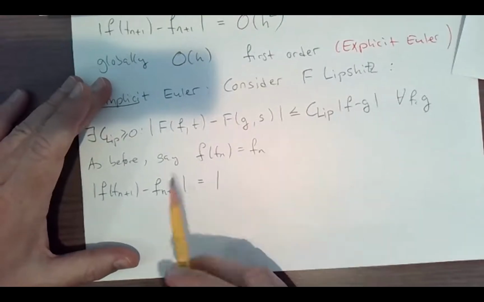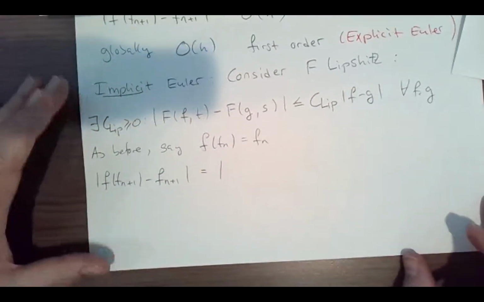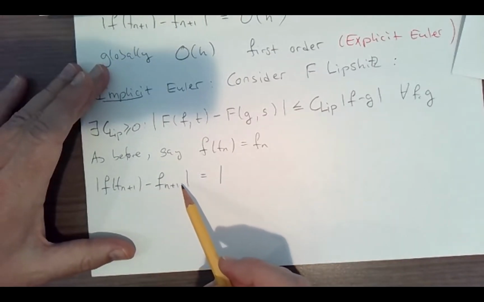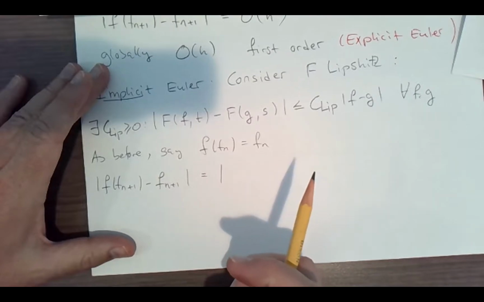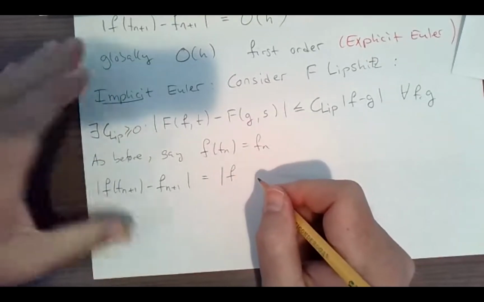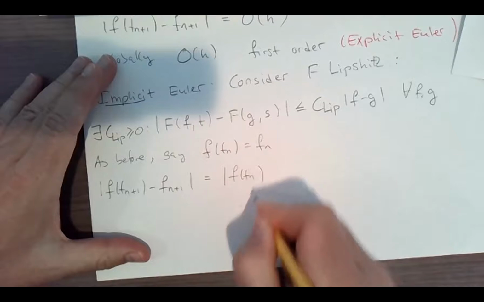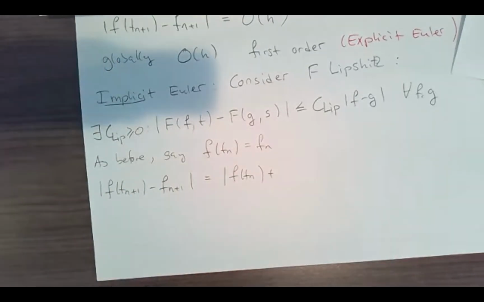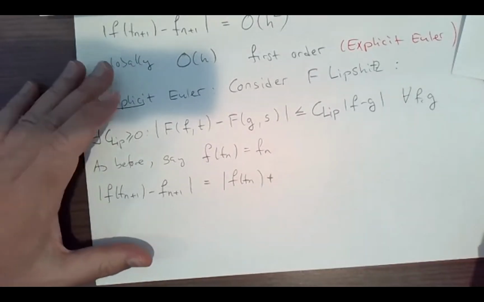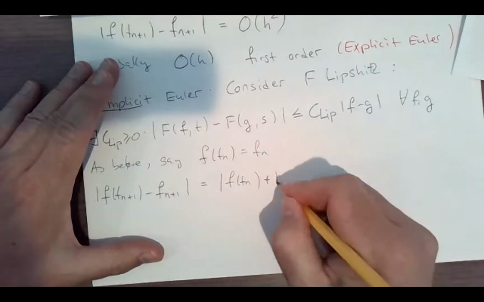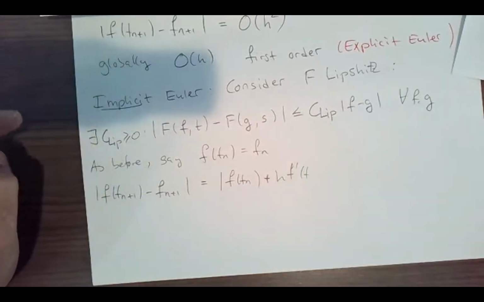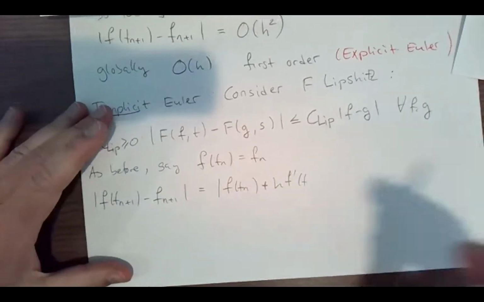I would have f of Tn plus h f prime. I want to get something here with Tn plus 1, so I need a different Taylor approximation.